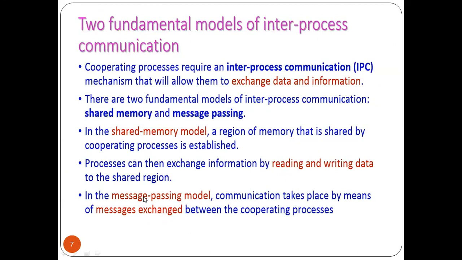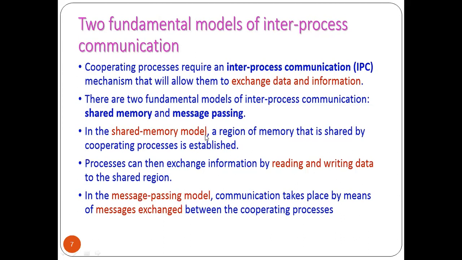There are 2 fundamental models of inter-process communication: the shared memory model and the message passing model. The cooperating processes require an IPC mechanism that will allow them to exchange data and information.